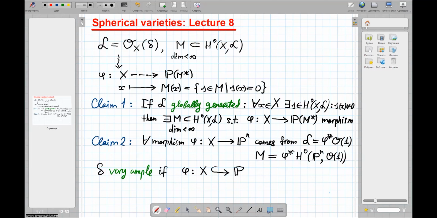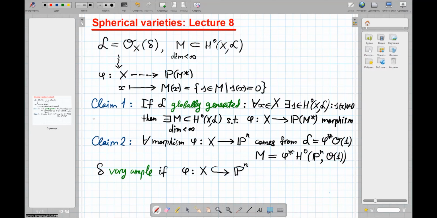This means that this subspace M can be chosen in such a way that this map is an embedding. Then we say that the divisor delta is very ample.